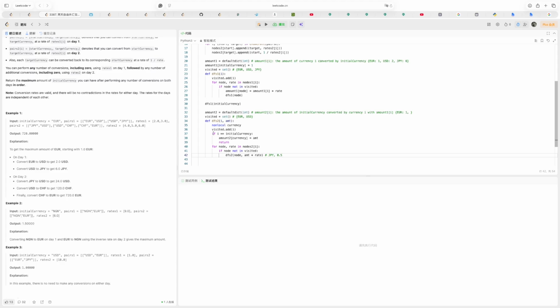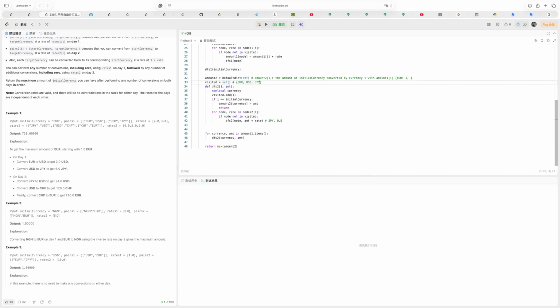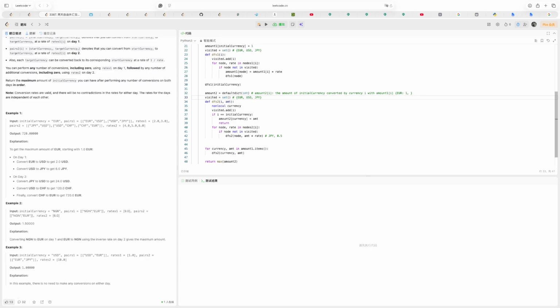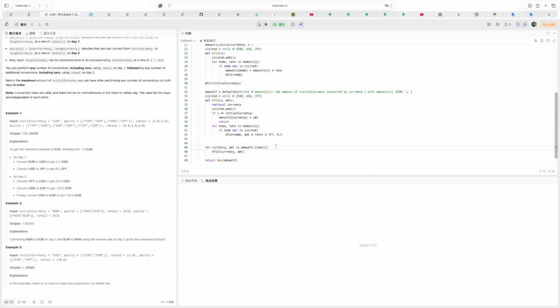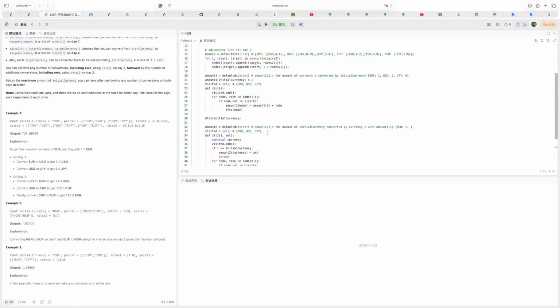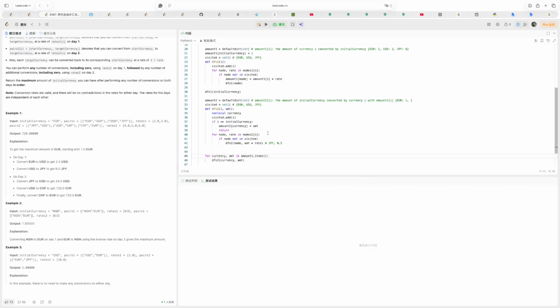And then we'll add JPY to the visited set. I think every time we should reset the visited set.